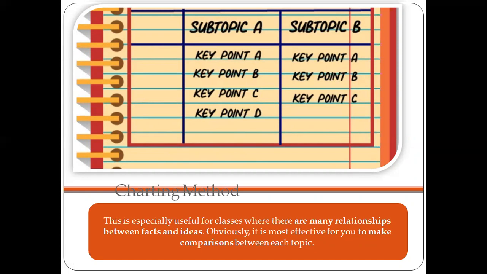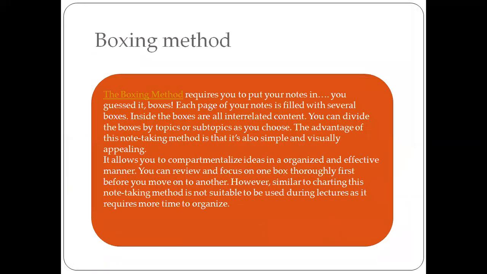Obviously, it is most effective for you to make comparisons between each topic. Well, you will draw the table and just write down the main topic here and subtopics here and key points. It also helps to visualize your ideas and your information about the method.